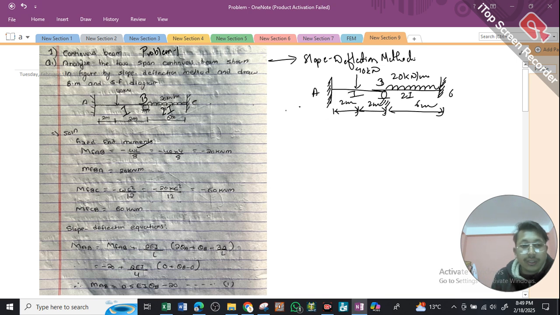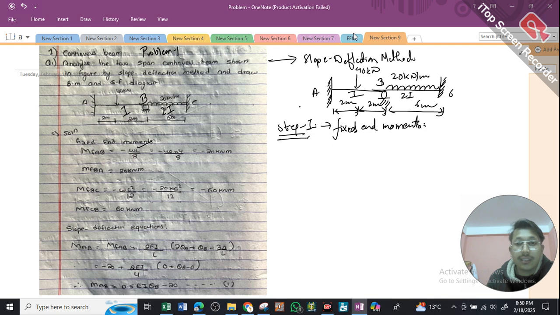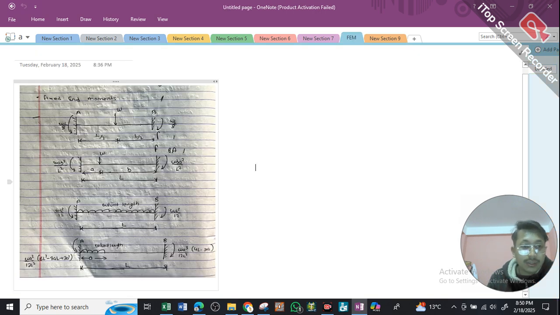So firstly, step 1. Whenever you are solving by the slope deflection method, firstly you need to calculate the fixed end moments. There are different case scenarios to calculate fixed end moments, and different formulas are involved. Let me show you the fixed end moments. We have different cases: where the point load is acting at the midpoint, or at a different distance, or where a UDL is acting over the span, which I've already explained in my previous video.